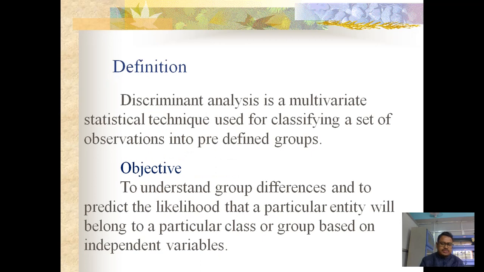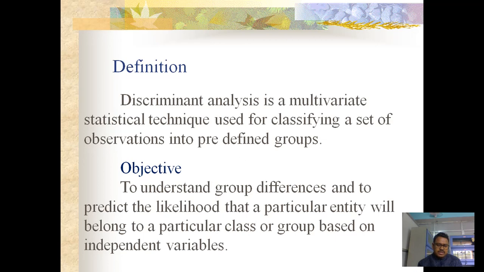So coming to the definition, a discriminant analysis is a multivariate statistical technique used for classifying a set of observations into predetermined groups. So according to these definitions, in linear discriminant analysis, what the researcher does is that they try to classify a set of observations, or they try to identify to which group member they would belong to.